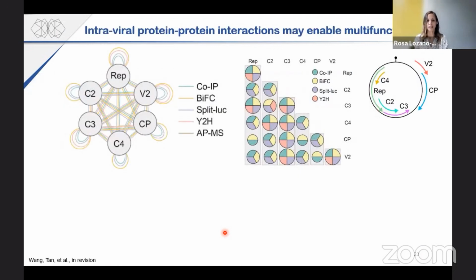And interestingly, this interaction between two viral proteins that we see with C4 and V2 seems to be the rule rather than the exception. So we have found that the 6 canonical proteins encoded by TYLCV interact with one another in a very intricate network, as you can see here, and this can be confirmed by a number of different protein-protein interaction techniques.